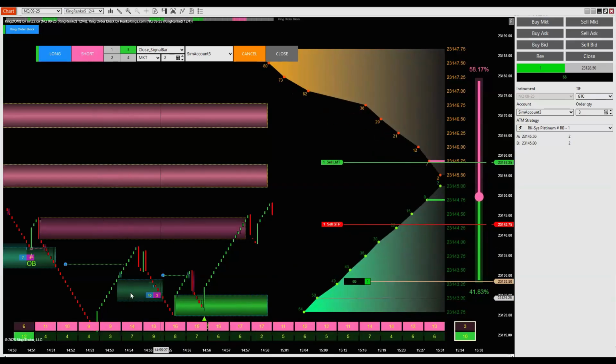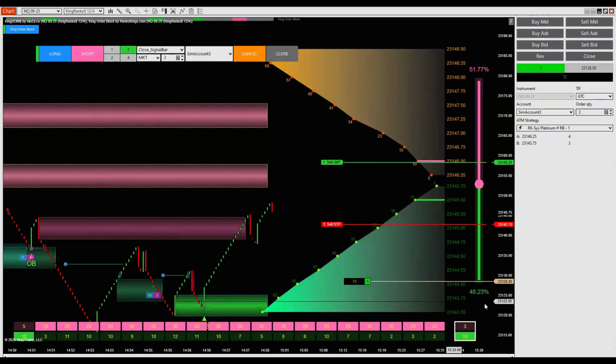So good location. This is where the trade was, right? Here. Good location.